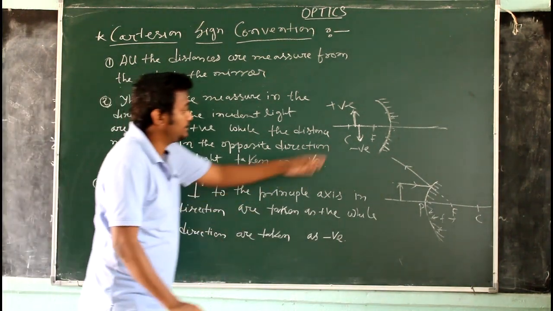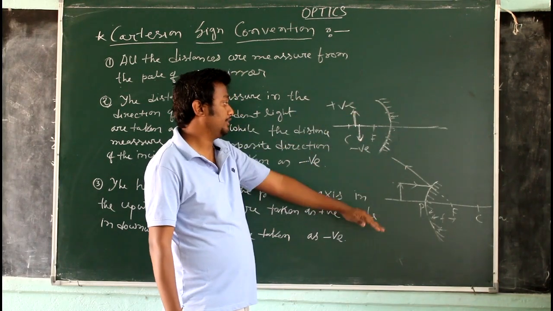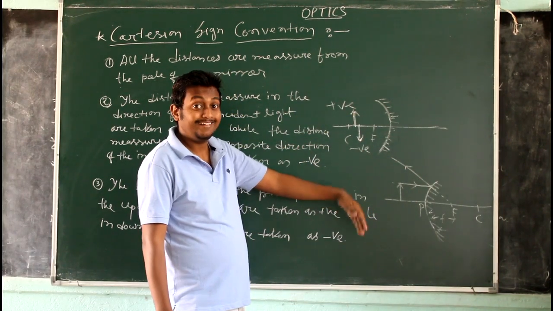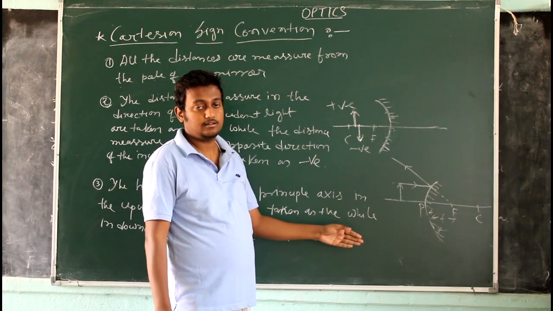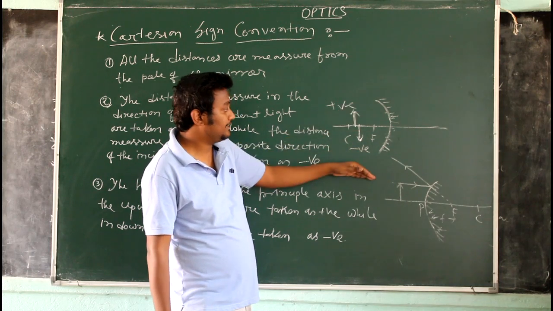This distance, the height measure, will be negative because it is in the downward direction, or you can say in the negative y-axis.